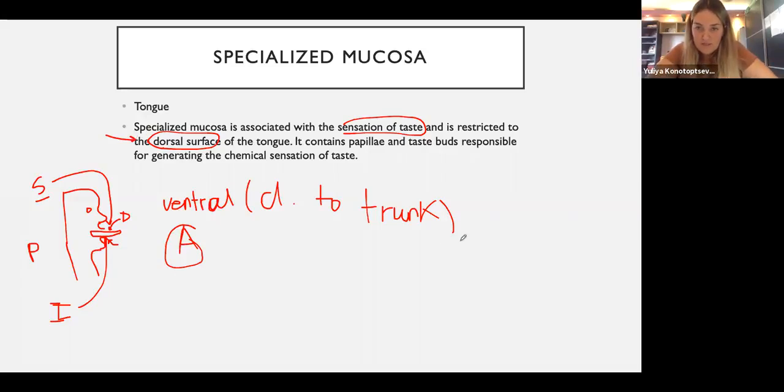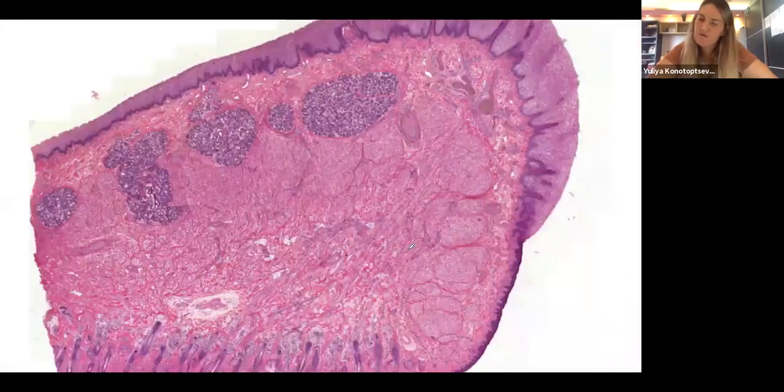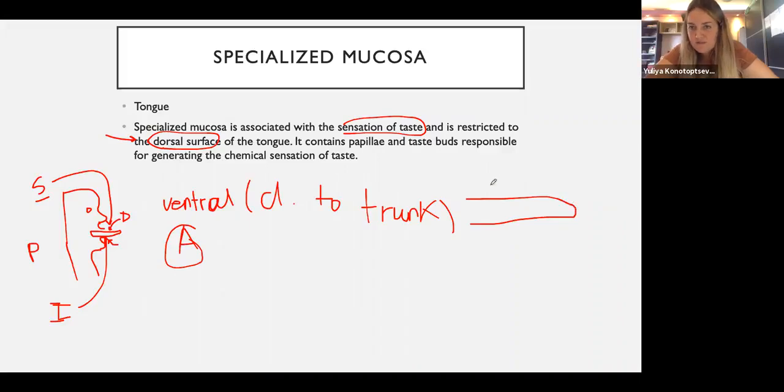Let's kind of draw it again. Okay, let's draw it. So again, this is your tongue like this, right? This surface, this is the dorsal surface. This is the tip of the tongue, and then there is the under area of the tongue. The dorsal surface is the one which is the specialized mucosa.